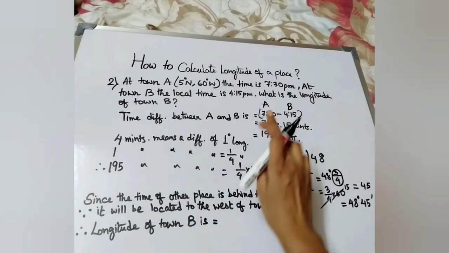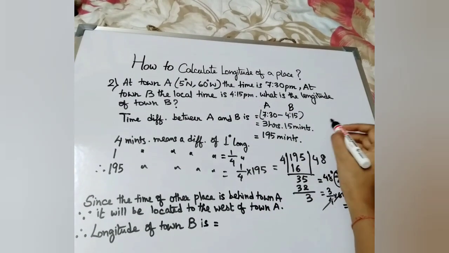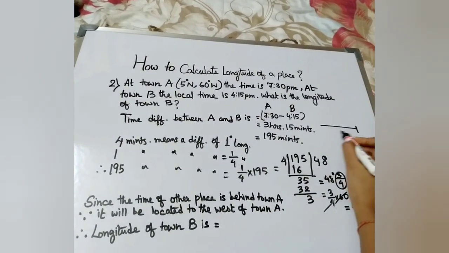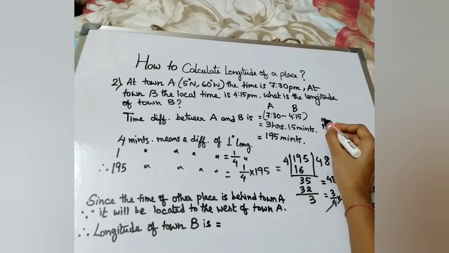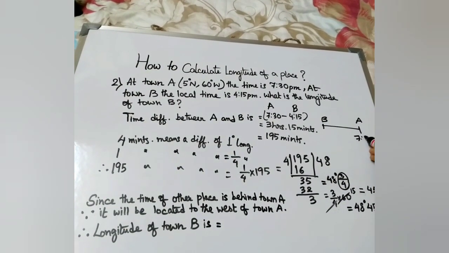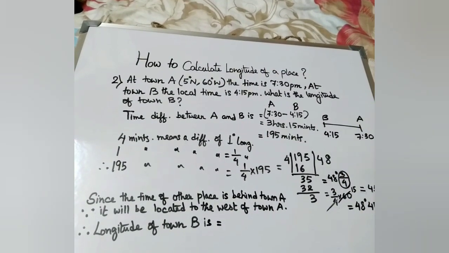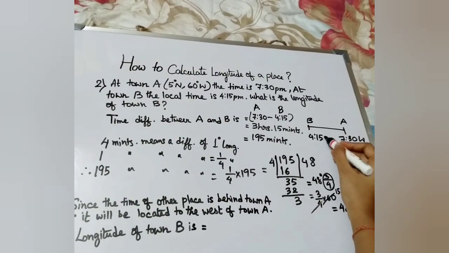Since the time of the other place is behind the town A, that means we know the diagram. This is the town B and this is the town A. It is the 7:30 and it is the 4:15. Both are in the western hemisphere, right?